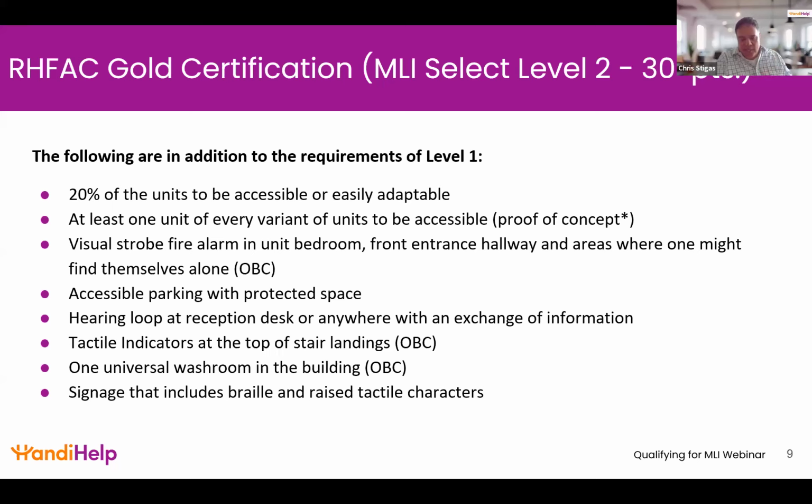So this is essentially just a review of last time, where really I have not seen too many developers go for level 2 because of the point structure of CMHC. There's 100 points available. There's a price break of financing at 50 points, another price break of financing at 70 and another one at 100.